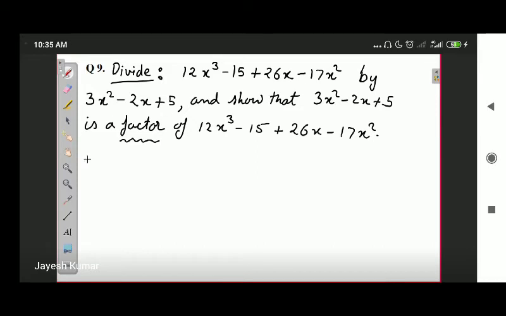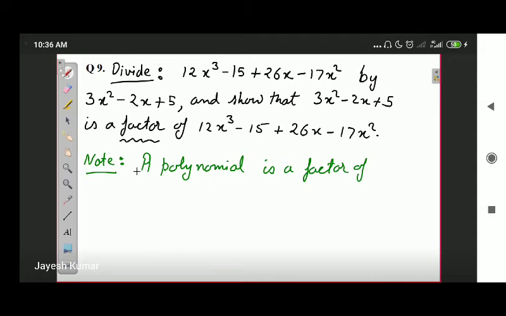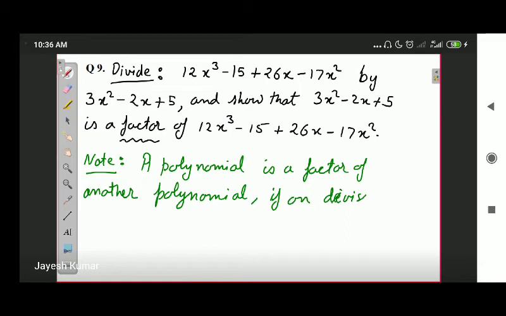Note down, write a note: a polynomial is a factor of another polynomial if on division the remainder is 0.